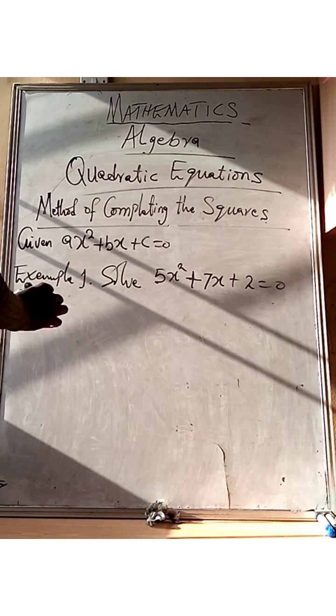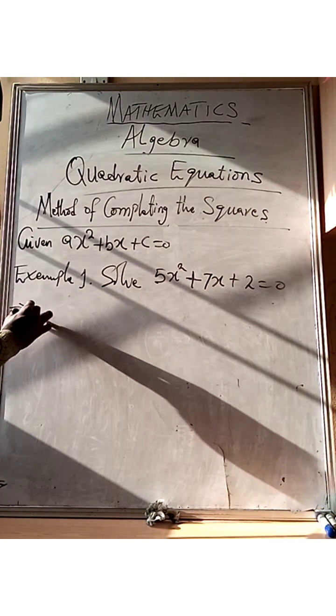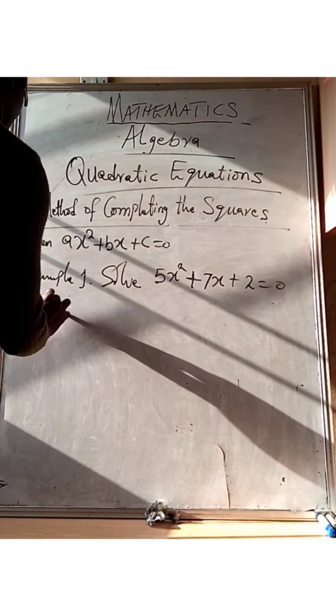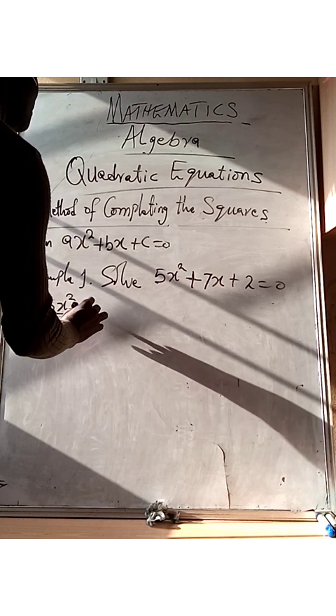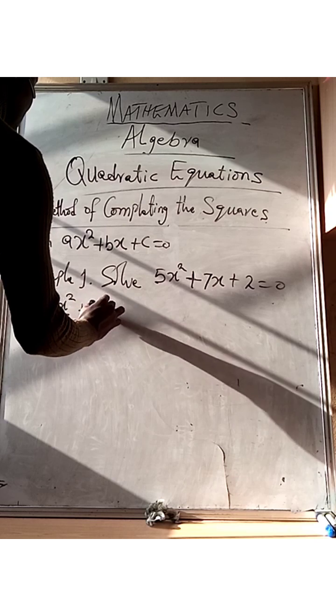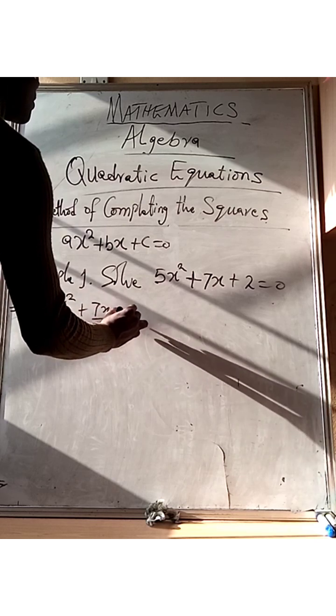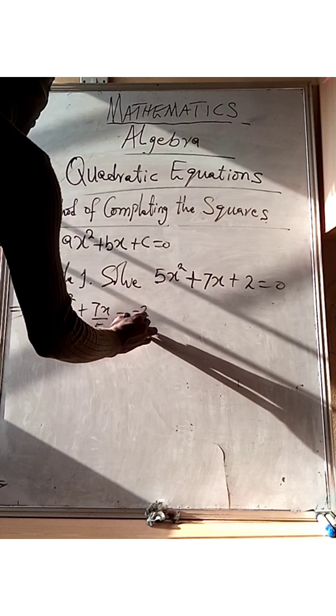Using completing the square method, it implies 5x squared over 5 plus 7x over 5 is equal to negative 2 over 5.